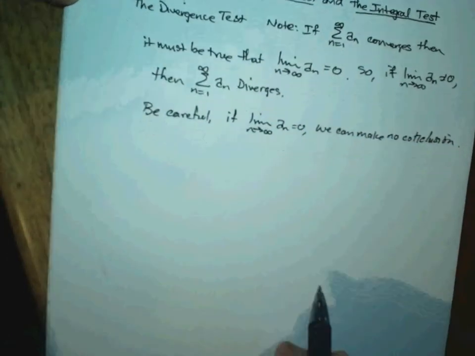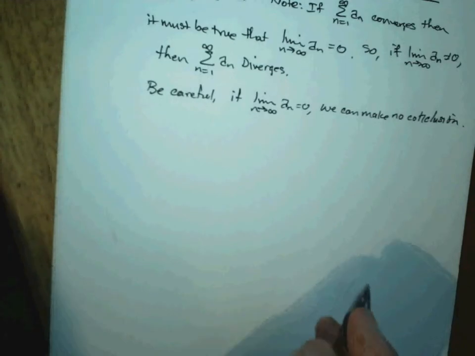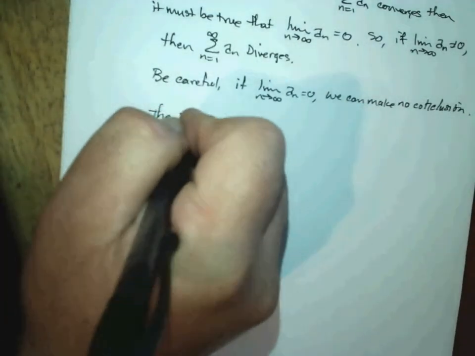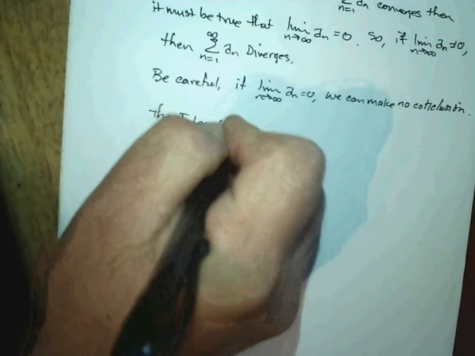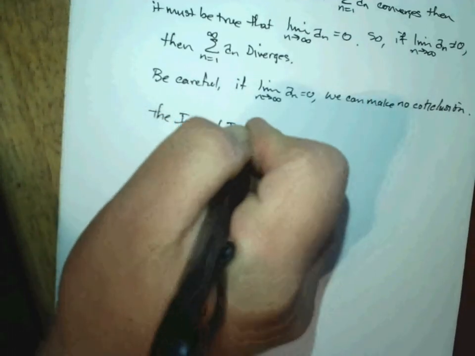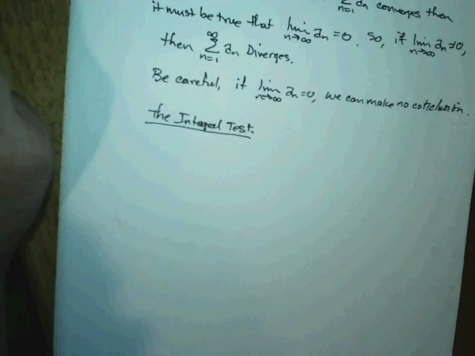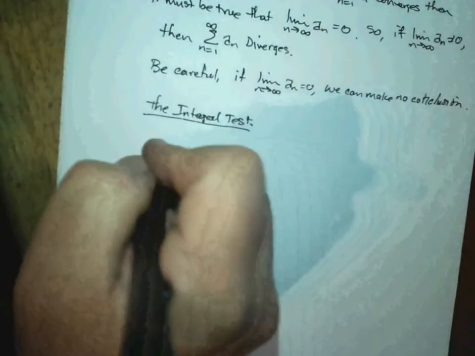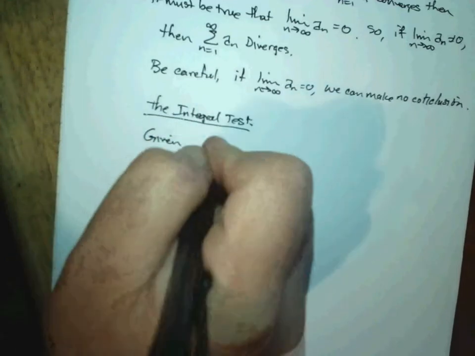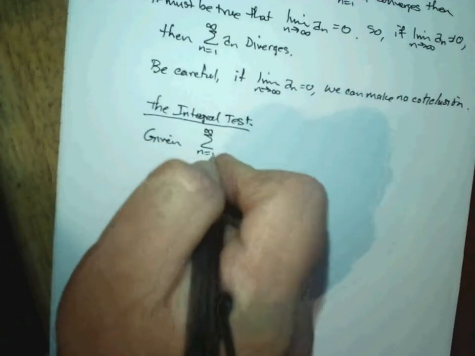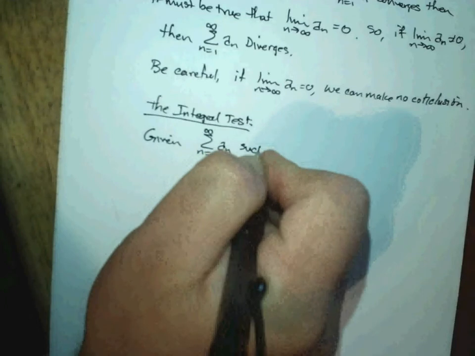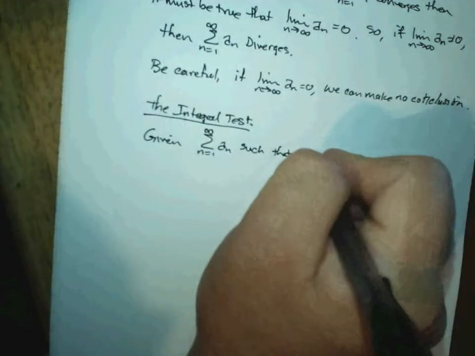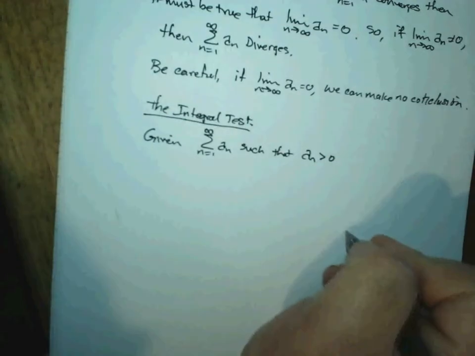All right. Now, the second test, the integral test, is going to be a lot more work for us. Okay? What this says is if you're given an infinite series such that these terms that you're adding up are positive, okay?